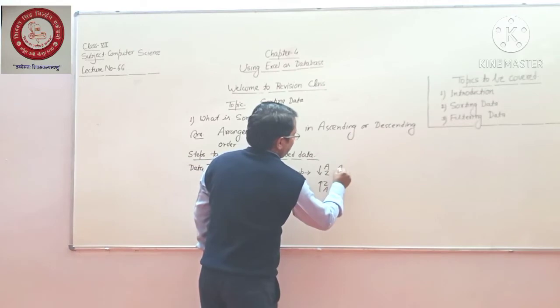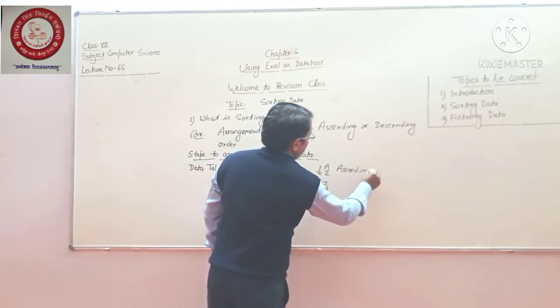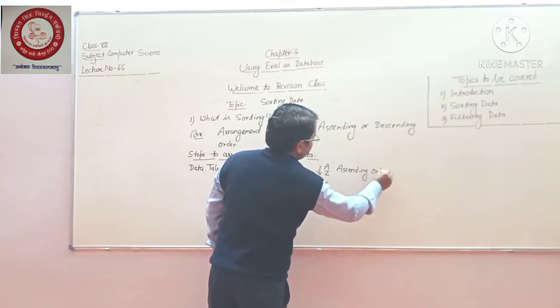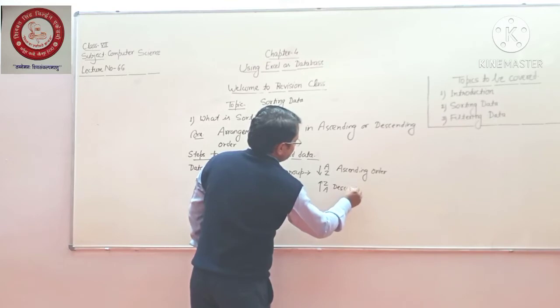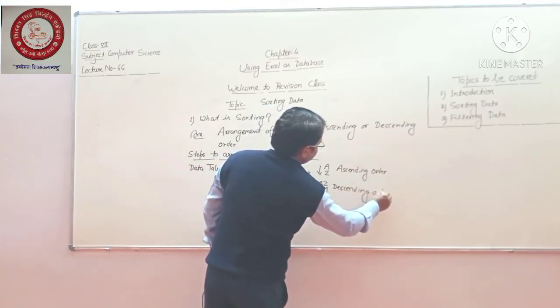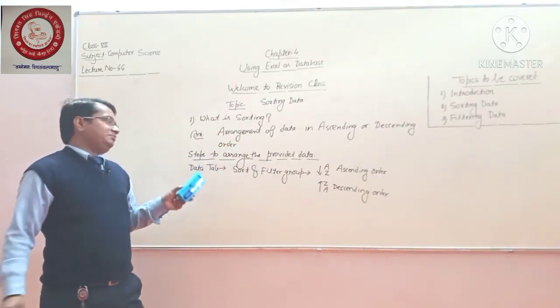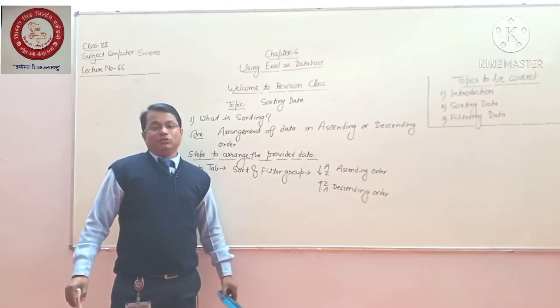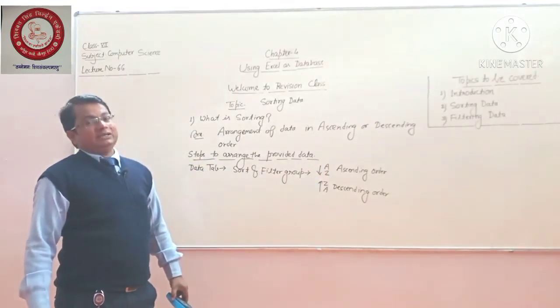This button is for arranging your data in ascending order, and this is for descending order. Let's assume that we have selected the first one, ascending order.